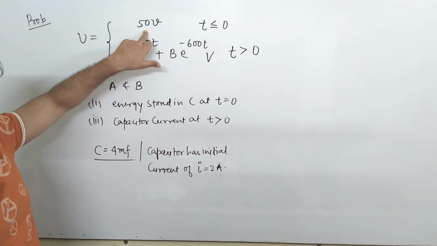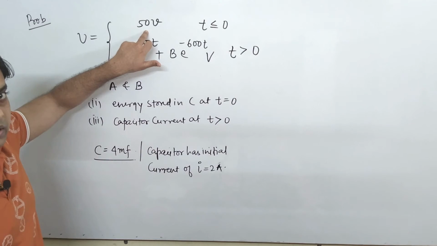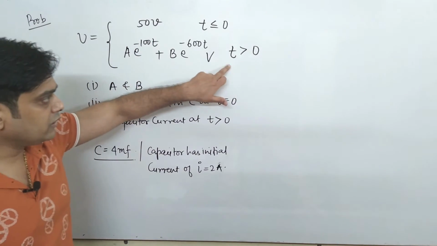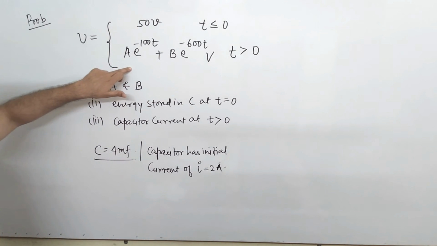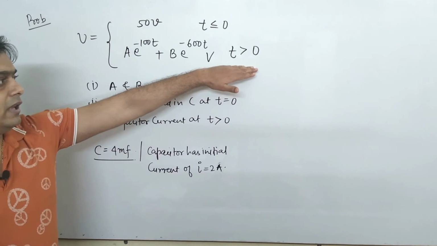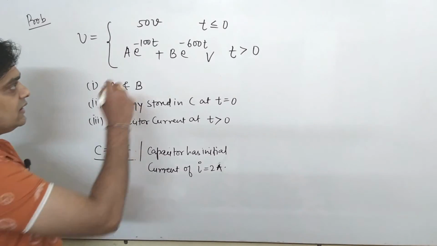It means the capacitor is initially charged by a voltage of 50 volt, very important thing. And you can say that for t greater than 0, this is the solution of voltage across the same capacitor when t is greater than 0. Okay, so you can say that from here.